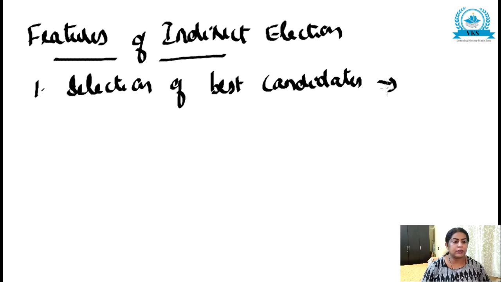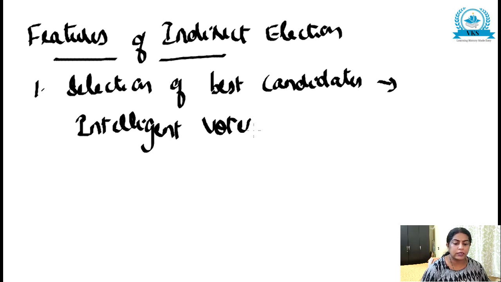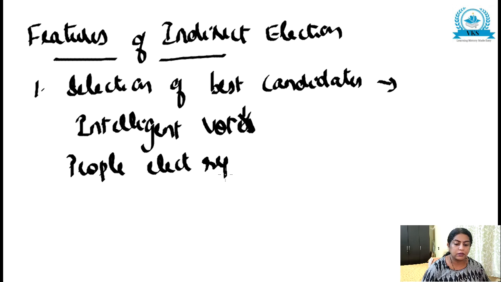See, in this method, candidates are elected by a group of people. Candidates are selected by some intelligent voters, and people elect their representatives to the electoral college. So in the first stage, people elect a representative, and this group forms an electoral college.